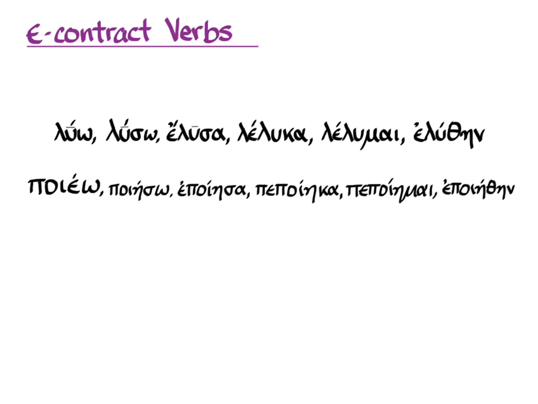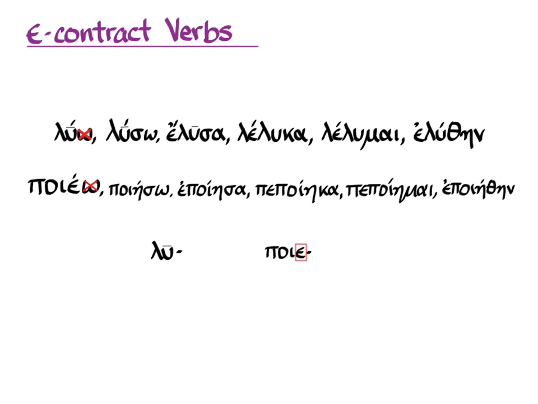So if we follow the rules I've taught you from the beginning, where to find the first principal part stem, you take off the omega. That's still true for both luo and poieo, and you get these stems.